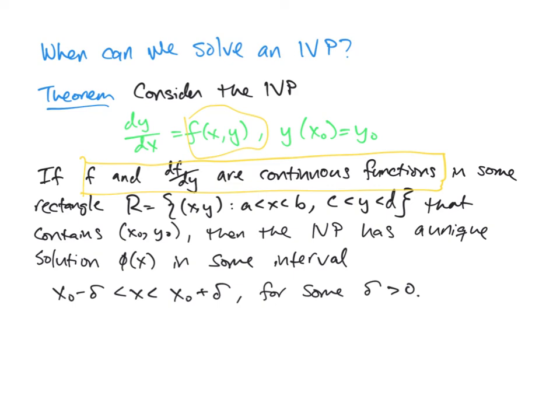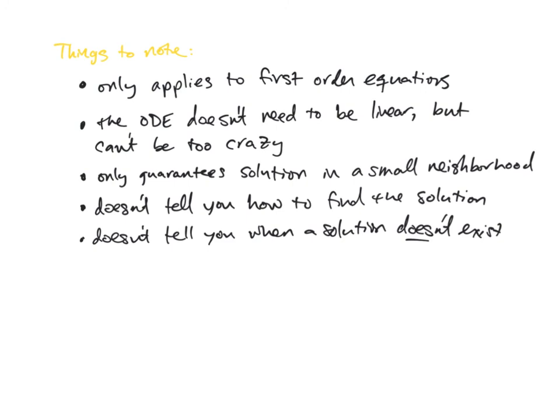So let me caveat this, or at least note a few things. This theorem is only for first order equations, okay? As you go up in higher order, things get crazier, and again, you start off with what you can handle.